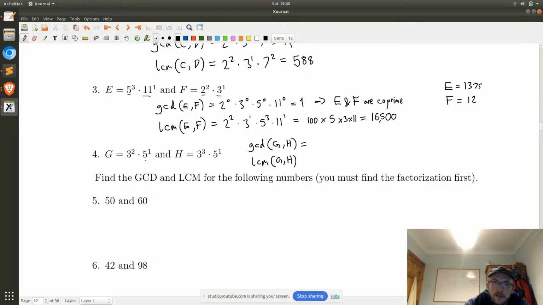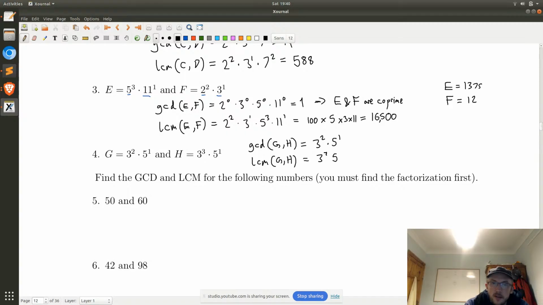All the prime factors I can see in the base position, in both cases, are 3 and 5. So who has the lowest power of 3 and the lowest power of 5? In this case, it's a 2 and a 1. And what about the highest power of 3 and the highest power of 5?